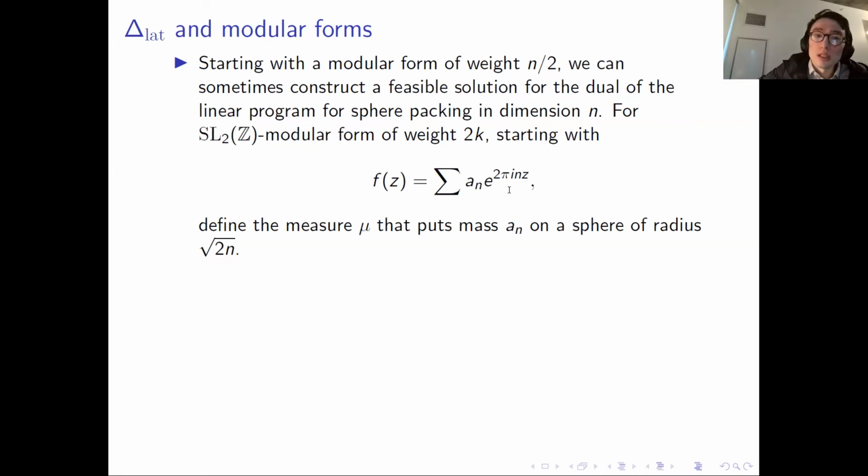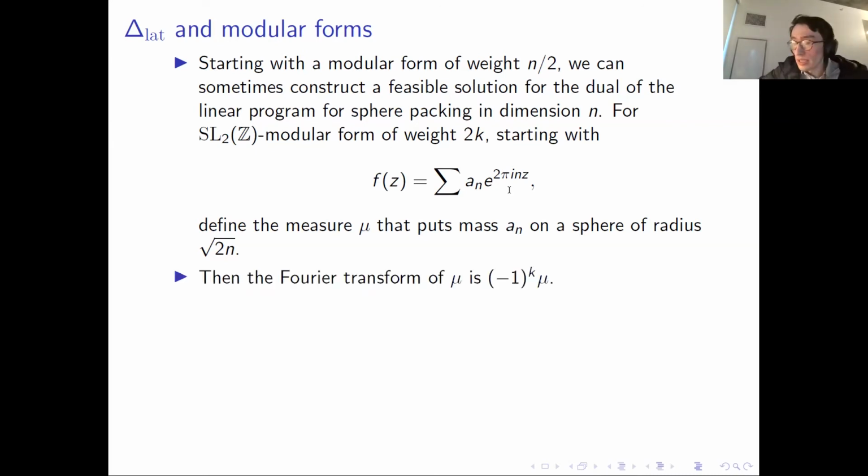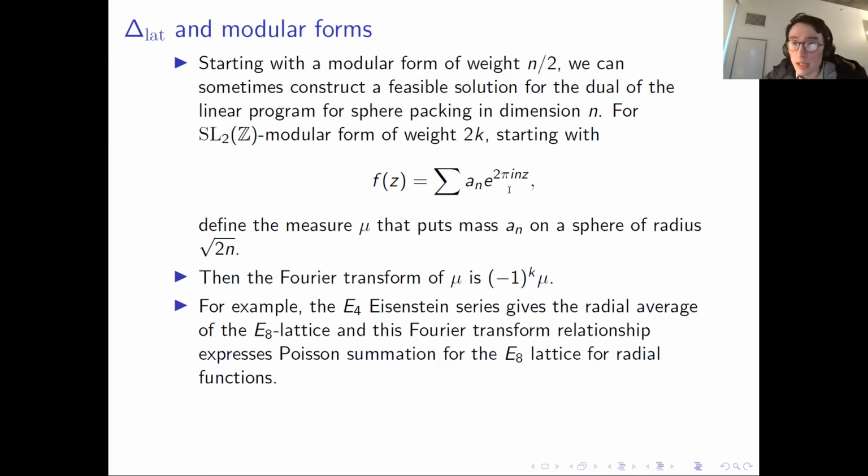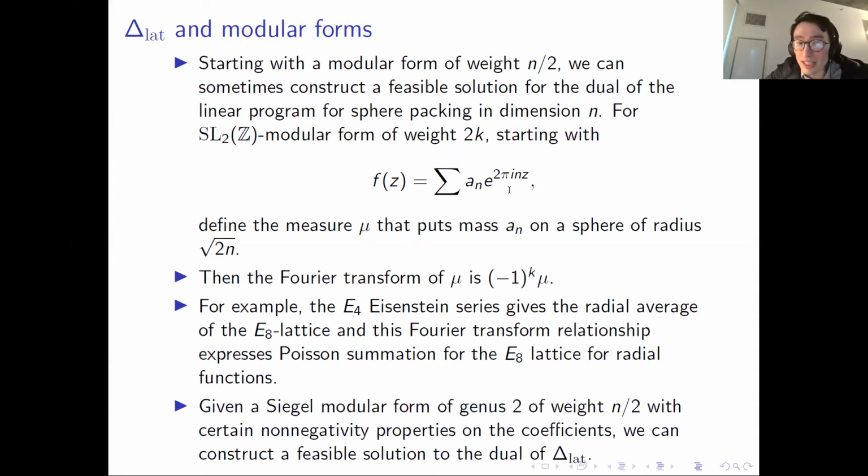For example, the E4 Eisenstein series, if you spell out what this means on the level of measures, represents Poisson summation for the E8 lattice for radial functions. And what is the analog in the lattice bound setting? It will be Siegel modular forms of genus 2.